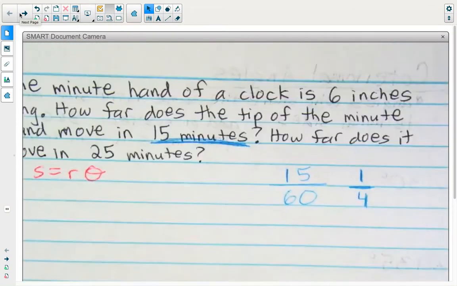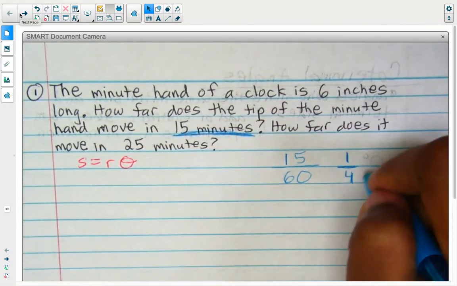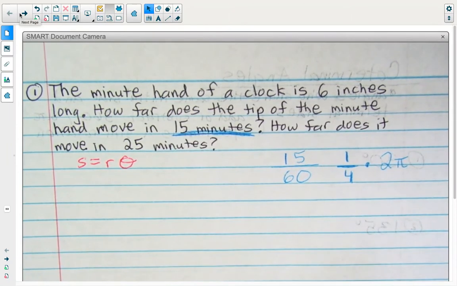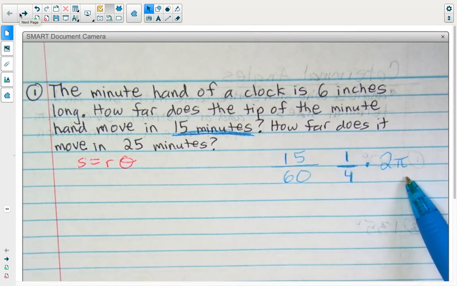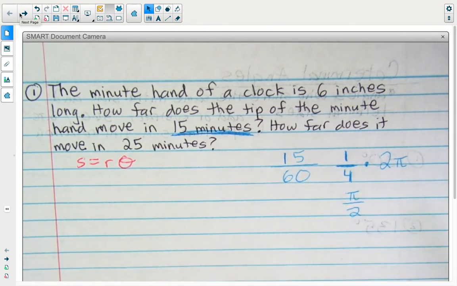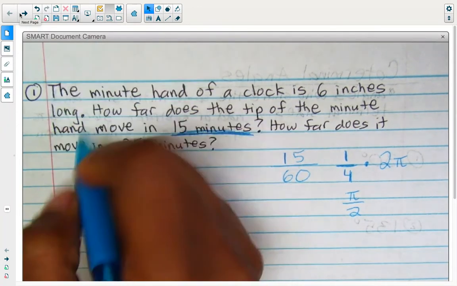If you ever forgot that, you could just multiply this by 2 pi, because that's how many radians are in a full rotation. So I'm going to take this 1/4 and multiply by 2 pi. Once we do that, that gives you pi halves. So pi halves is what we're substituting into our equation, and that is going to be my angle measure.